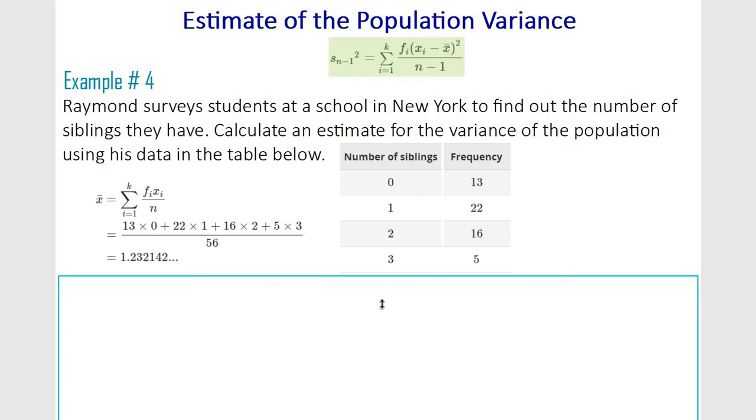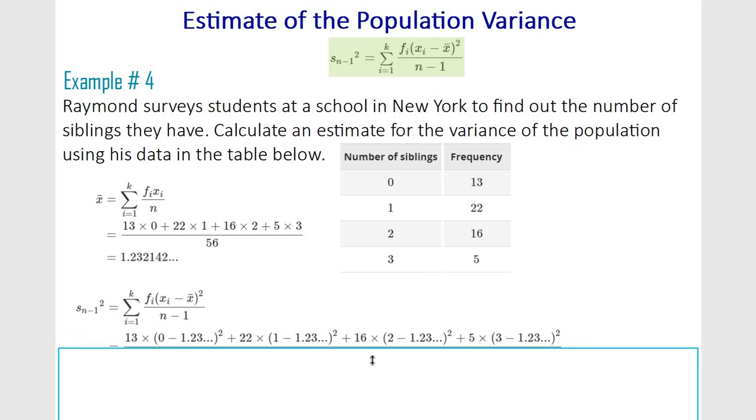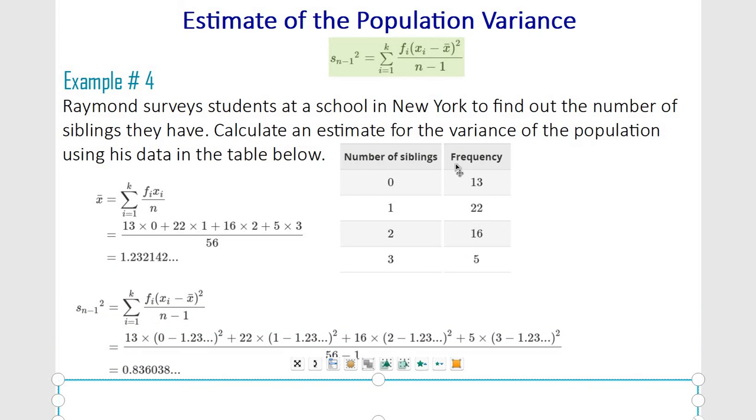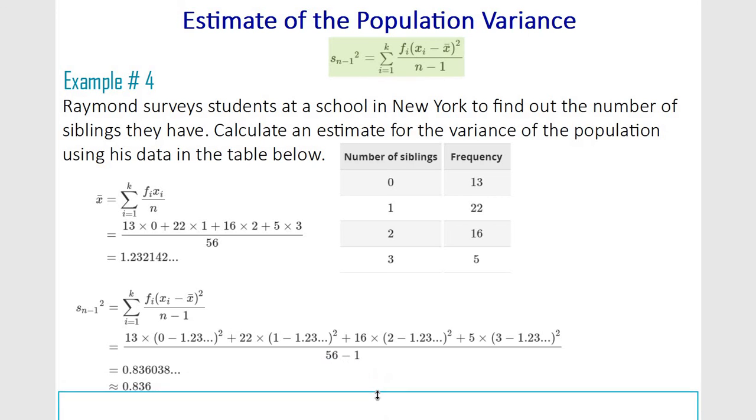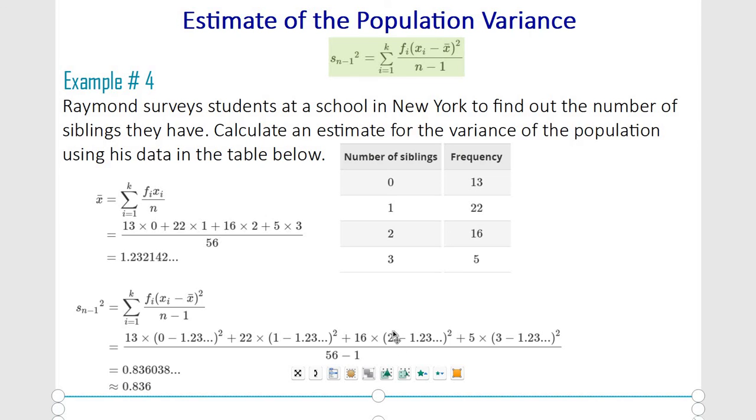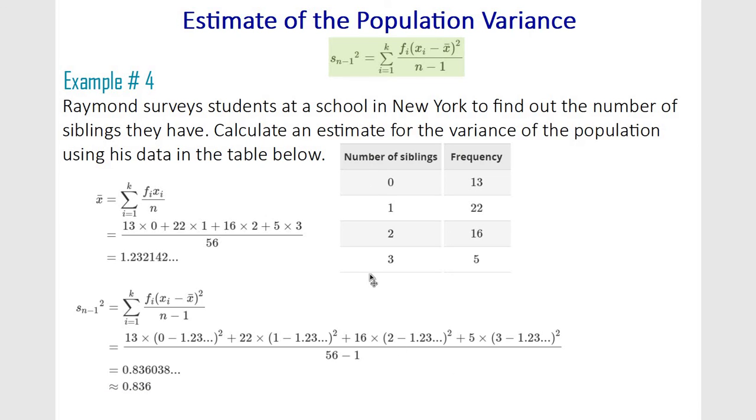Don't round that number. Then you take the difference between every possibility, the number of siblings minus the average, square it, times the frequency. Whew. And that's what you have to do to find your variance. So that would be the estimated variance. If it asked for the standard deviation, all you would have to do is take the square root.